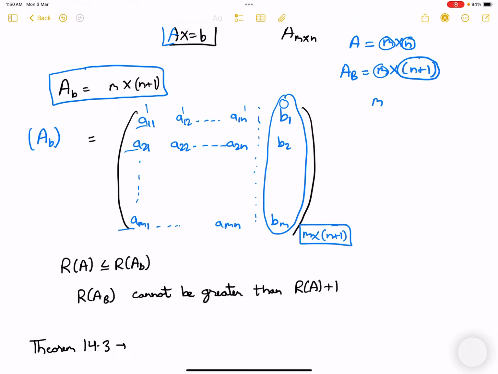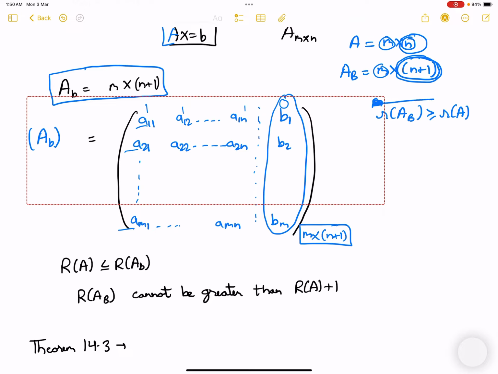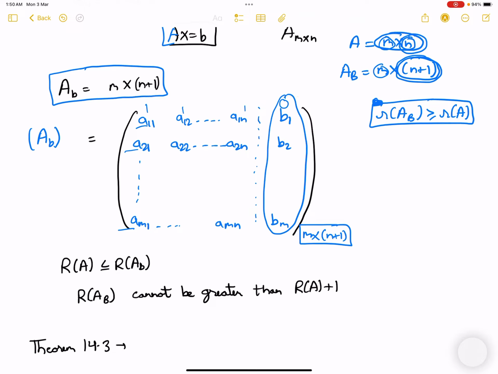So because of this difference in columns, rank of A augmented B should always be greater than or equal to rank of A. We already know that rank would be the maximum linearly independent rows or columns and the minimum of m cross n plus 1. So the minimum of m comma n plus 1 would always be greater than or equal to the minimum of m comma n.